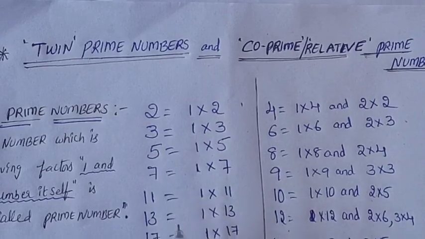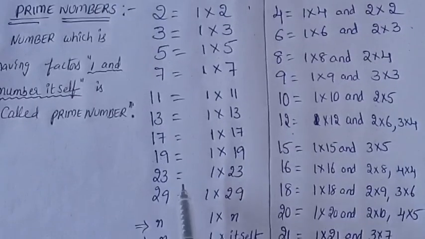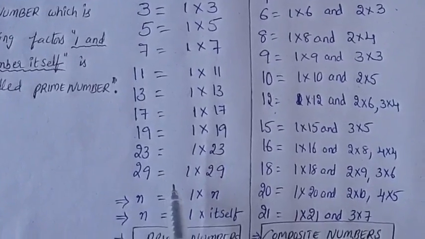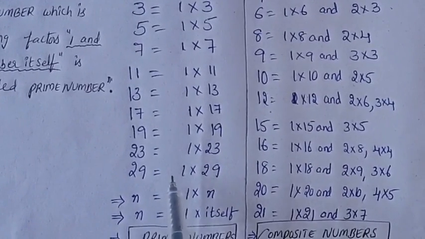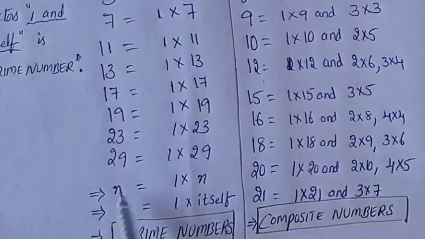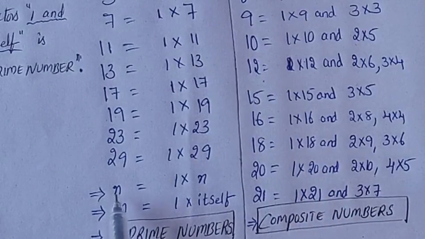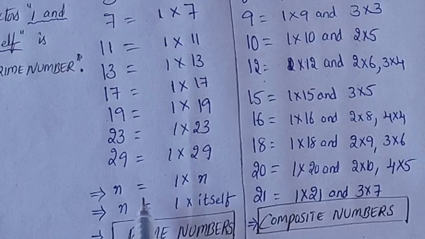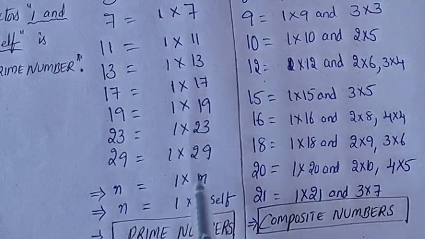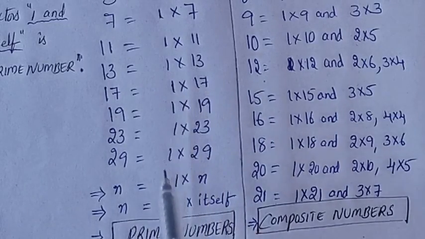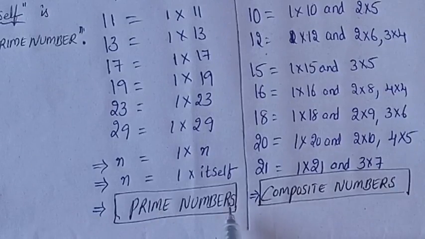And see all these numbers: 11, 13, 17, 19, 23, 29. 29 can also be written as 1 into 29. Like this, any number expressed in the form of 1 into the number itself, these types of numbers are called prime numbers.